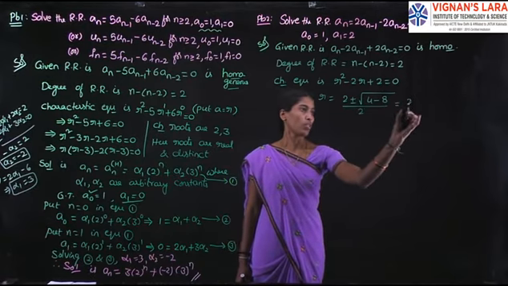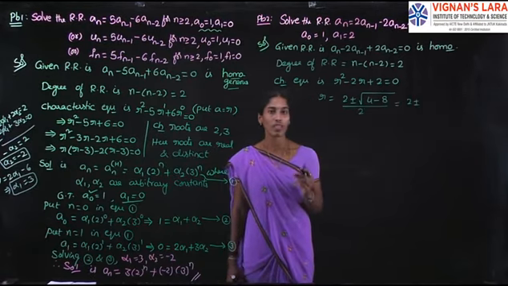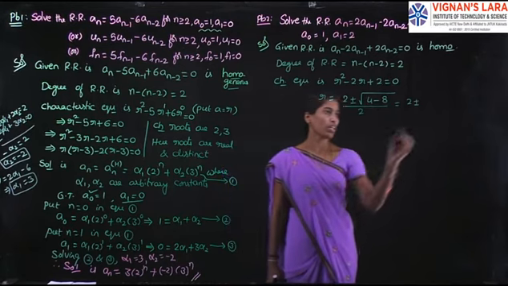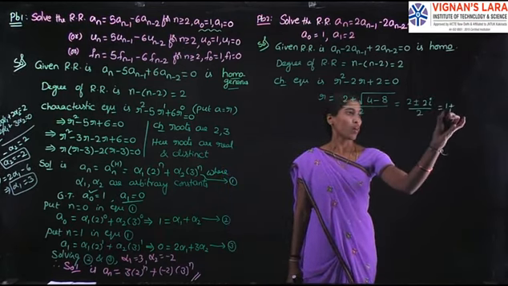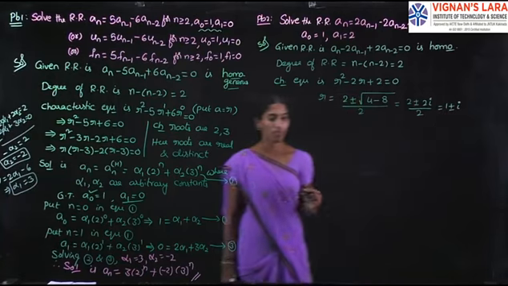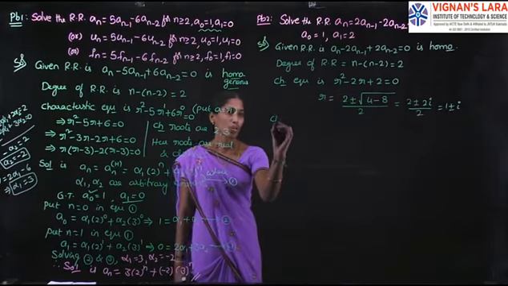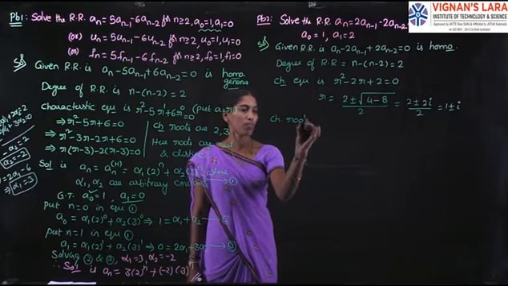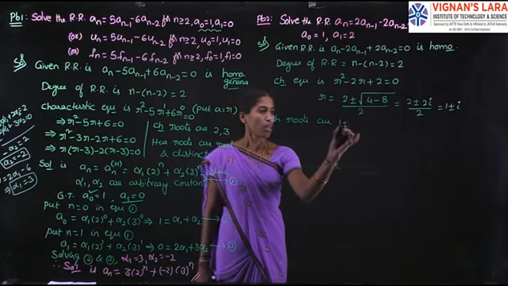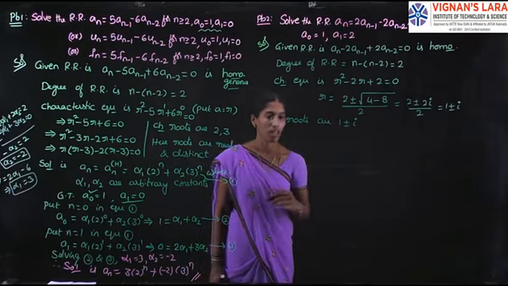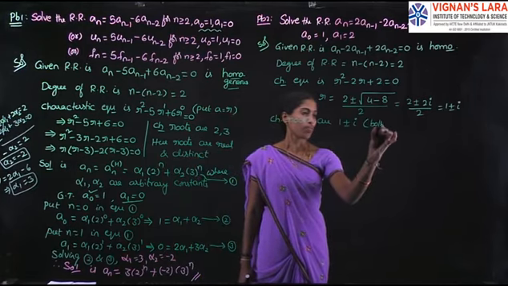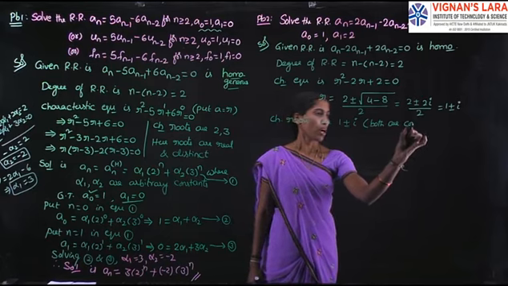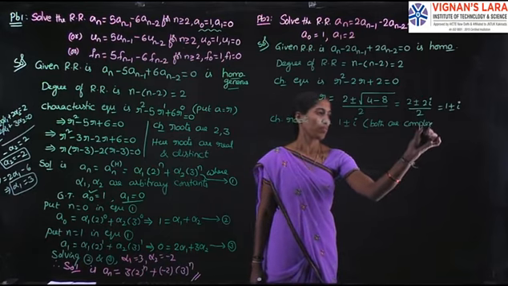It is (2 plus or minus, inside the square root we are getting a negative, so it is 2i) by 2, which is 1 plus or minus i. So characteristic roots are 1 plus or minus i, right? Both are a complex conjugate pair.